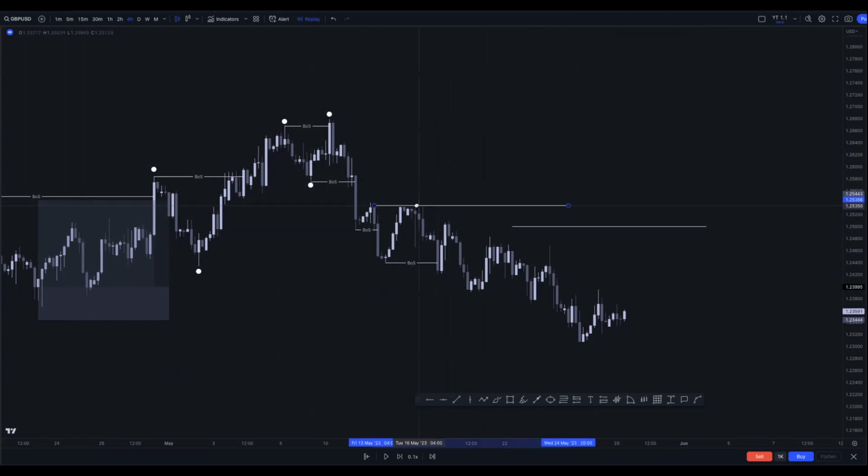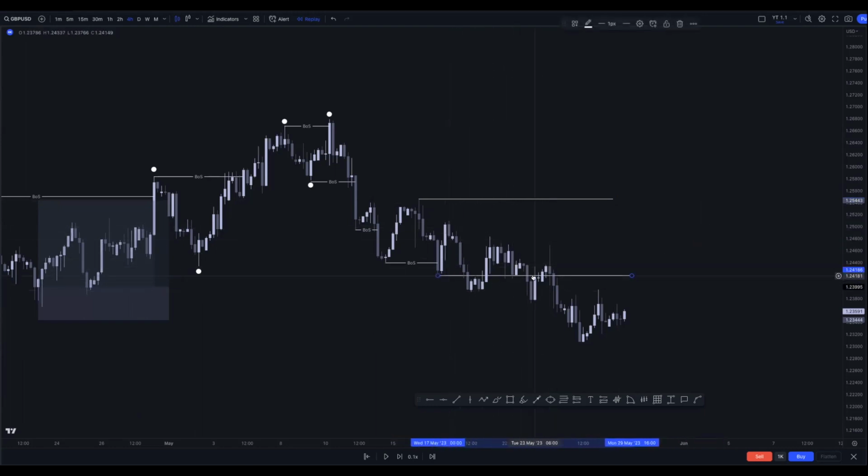Right. Then let's see. This becomes our new range breaks. And you can just kind of see how that plays out, right?